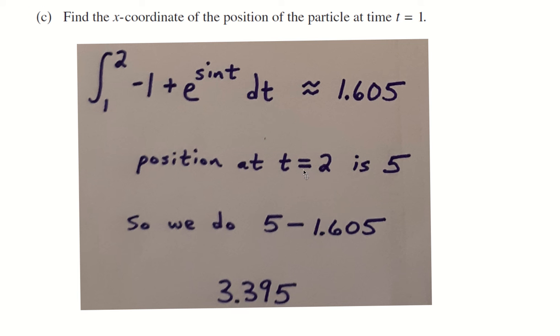So if our position at time 2 is 5, we started at something and then were displaced 1.605 to get to 5. So we do 5 minus that to get back to where we started at t equals 1, and we get 3.395. Hopefully that makes sense. Again, this is just kind of your displacement.